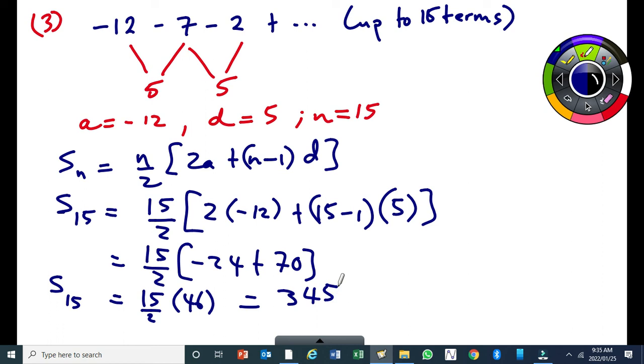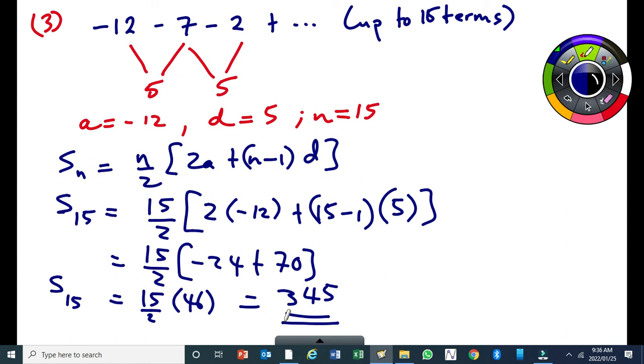Okay, so that will be your answer. Right, I hope you can see the way that I'm doing the question. First, you determine your value for d, then you list the values of a, d, and n, you write your formula, you substitute, you simplify. Okay, it's straightforward.